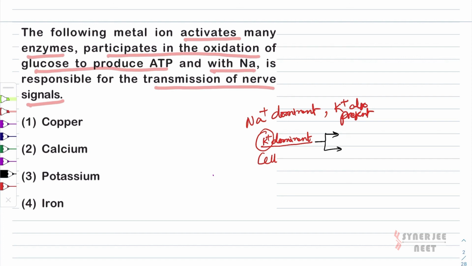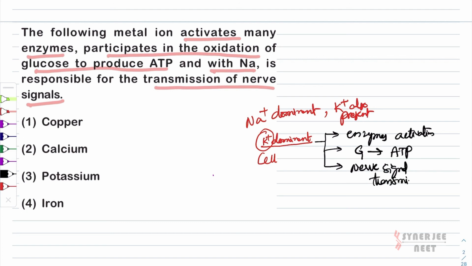If you refer to that paragraph in the NCERT s-block chapter, you will see that inside the cell potassium ions not only activate many enzymes, they also convert glucose to ATP, and they are also involved in nerve signal transmission.